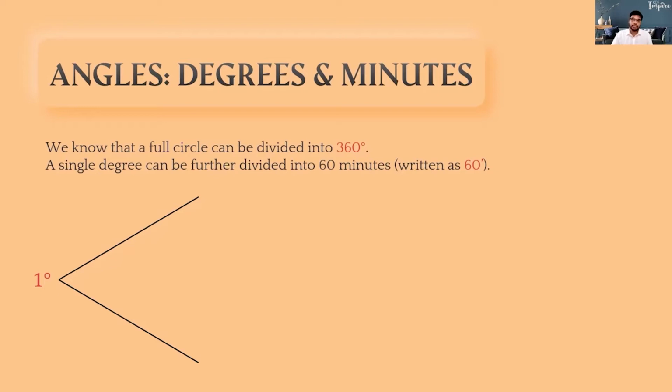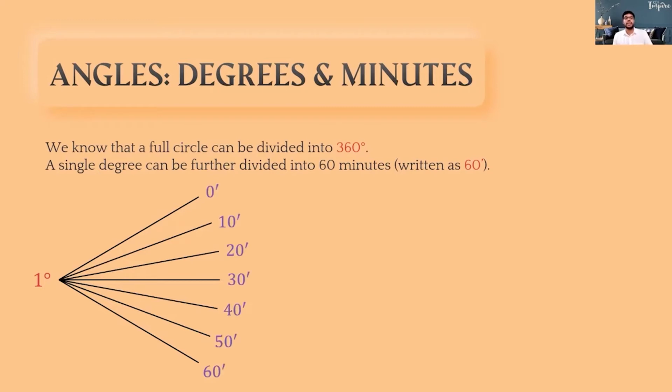So first children, let me divide it into 6 parts. You can see this will be 0, 10, 20, 30, 40, 50, 60 minutes. But each of these subdivisions can be further divided into another 10 parts. For example, let's take the section between 30 minutes and 40 minutes.